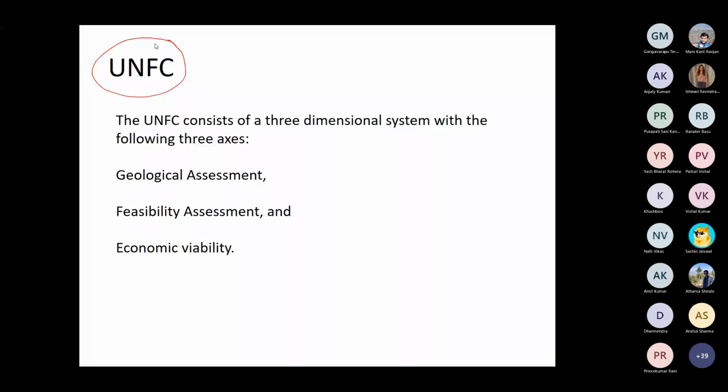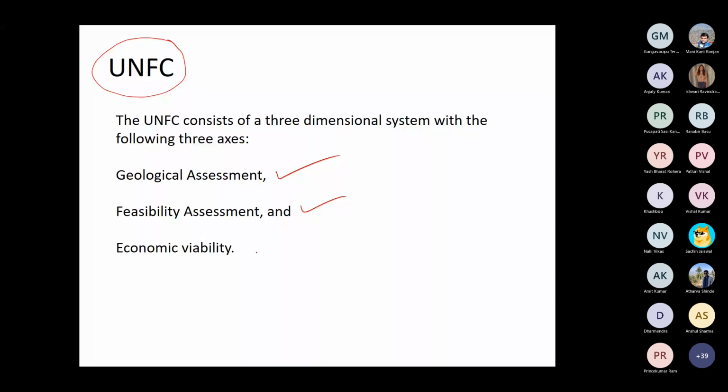So UNFC, as you know, primarily consists of a three-dimensional system with the following three axes. Number one is geological assessment. Number two is feasibility assessment. And number three is the economic viability.